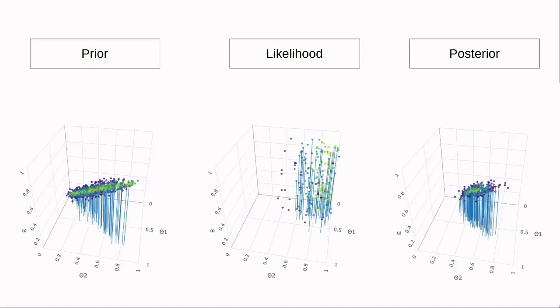The only way we can get not necessarily a very high, but at least a relatively high posterior density is if we multiply points in the prior that are high with points here that are not very high, but at least have some kind of probability.